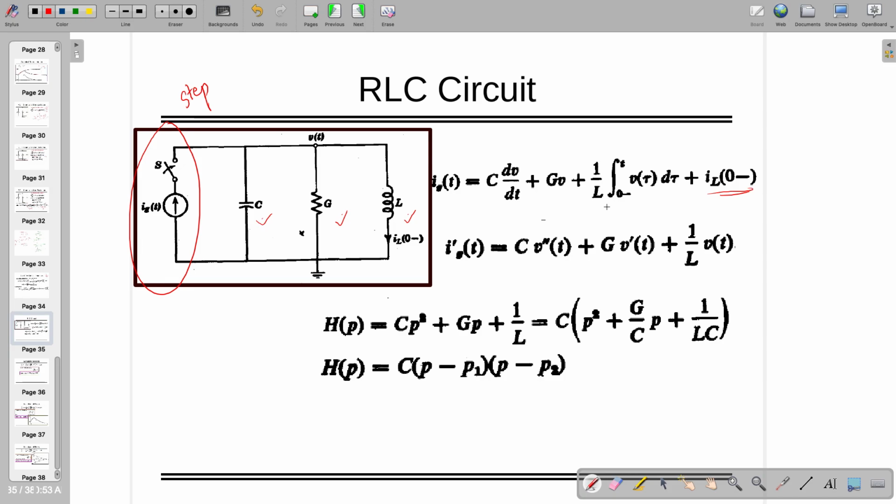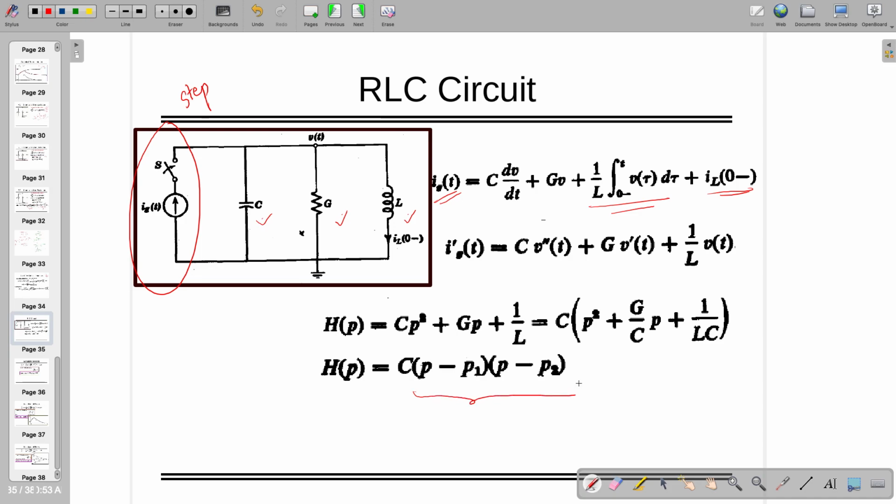Now you are seeing some integral, so you need to replace that with some other thing, or you can take the derivative. So I took the derivative: I prime of t is equal to C v double prime of t, and all this equation, and you can find the roots, right?